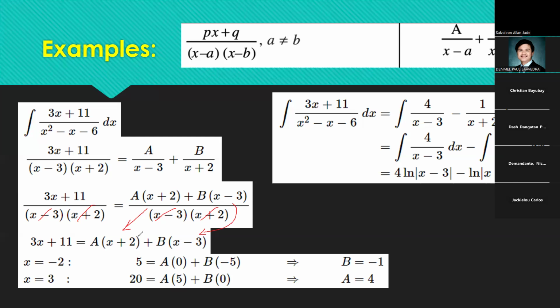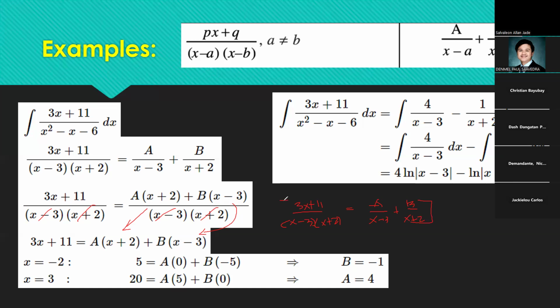And how did we get those values? So it's like multiplying, ito muna tayo sa una. A over x minus 3 plus B over x plus 2.